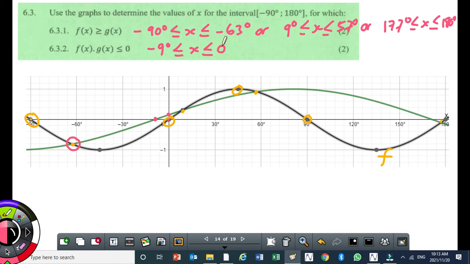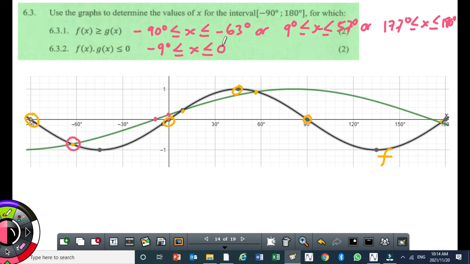Look, the green graph is in the second quadrant, whilst the black one, which is f of x, is in the third quadrant. So the y values for the green are positive, whilst the y values for the black one are negative. Therefore, if you multiply those y values, you get a negative answer, or you get 0.